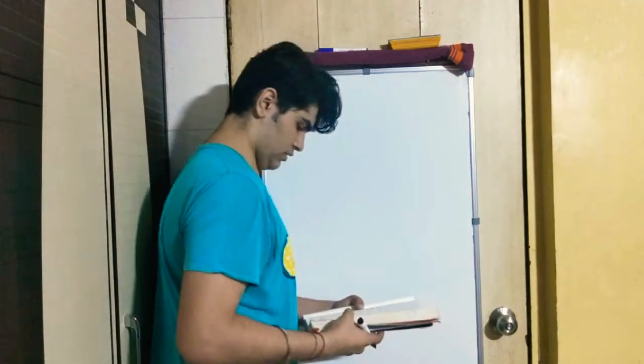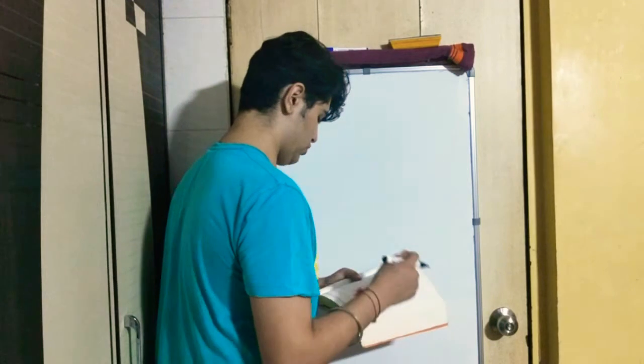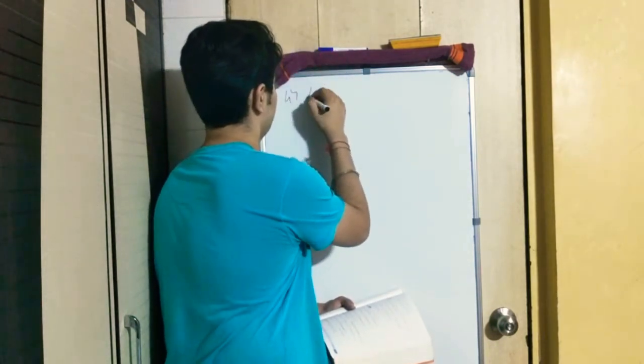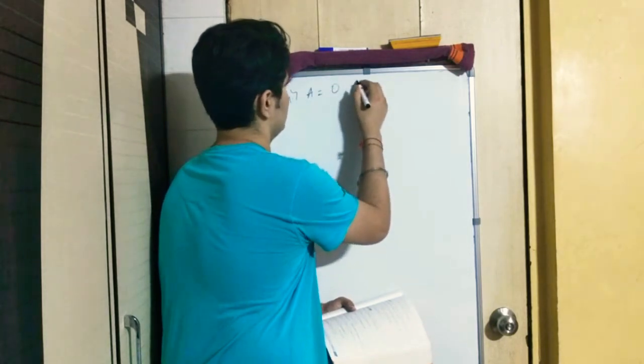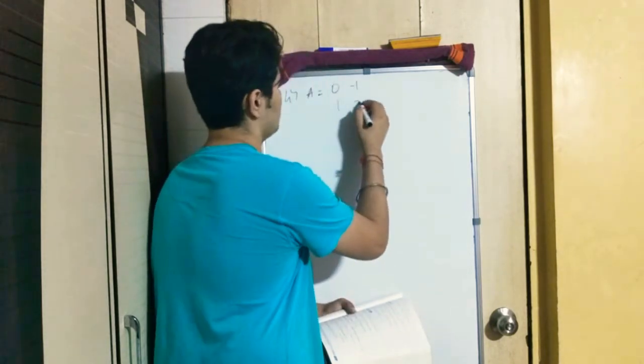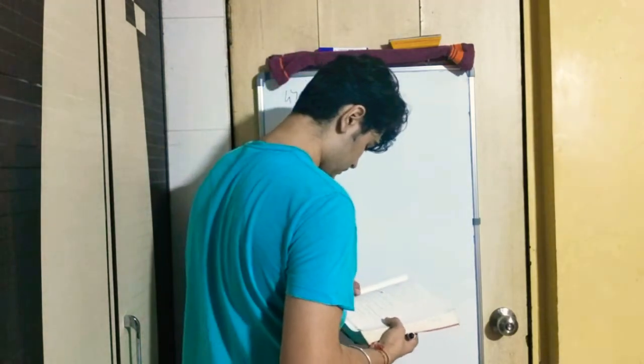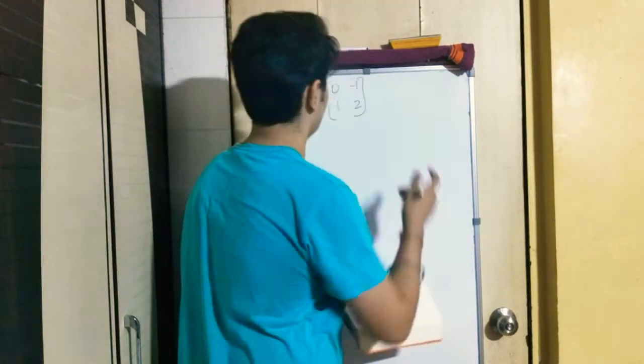Here we are given a question: if A is equals to [0, -1; 1, 2], fourth sum, and B is equals to [1, 2; -1, 1].